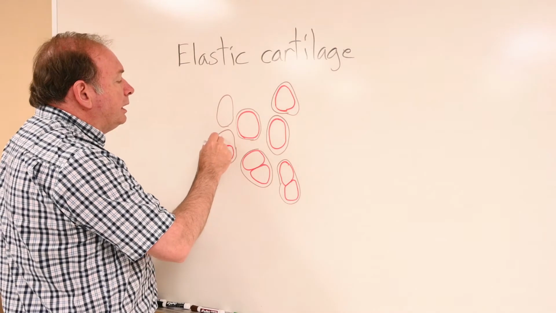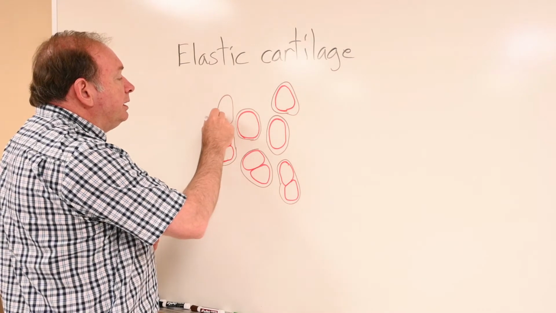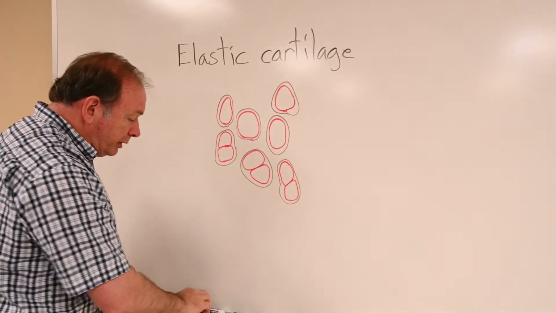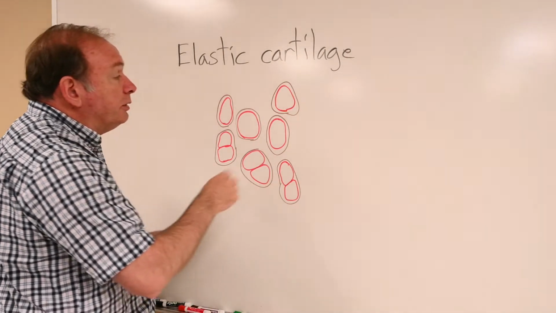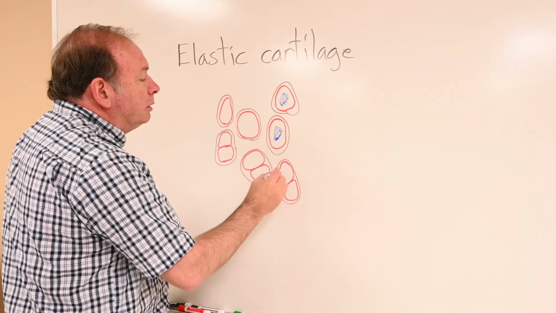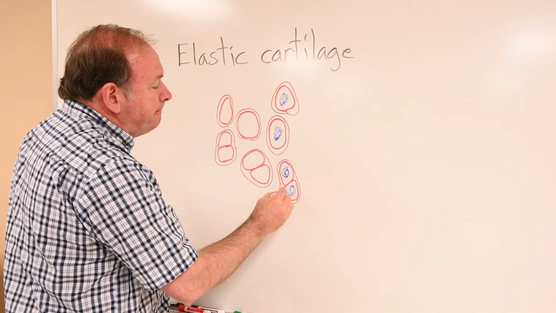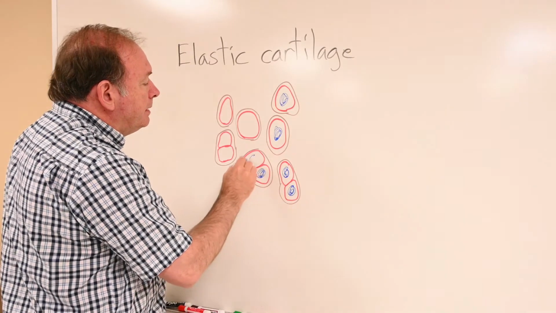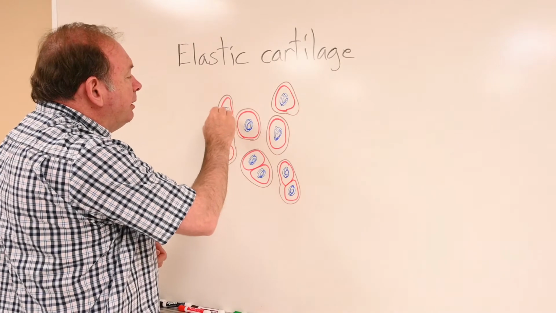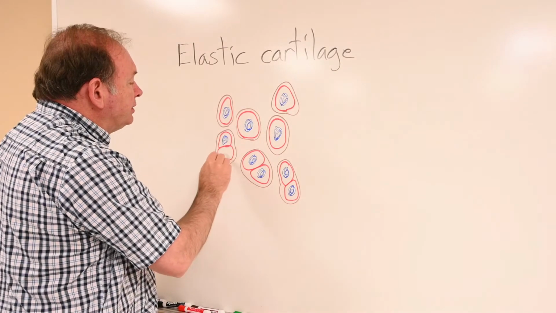So now we're doing elastic cartilage, and initially it's going to look a lot like our hyaline cartilage in my picture here. We're going to have chondrocytes in lacunae. We'll put some nuclei in the cells here. But we're going to add elastic fibers in the hyaline matrix.